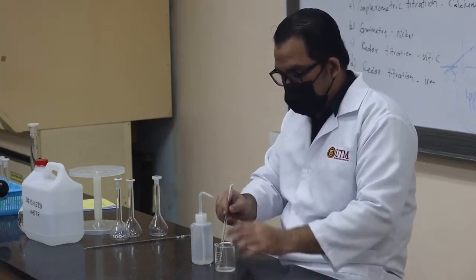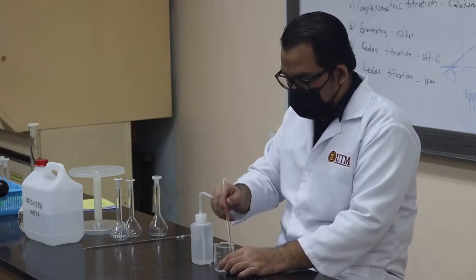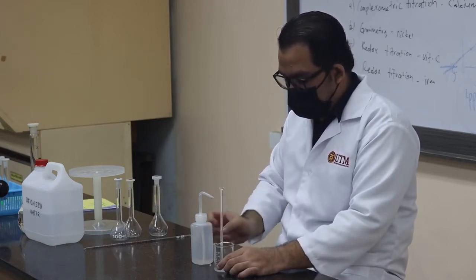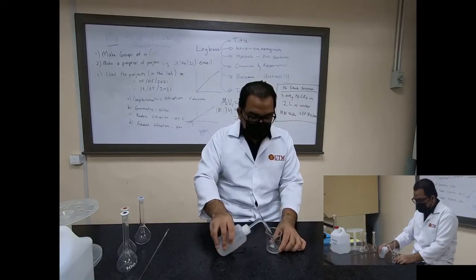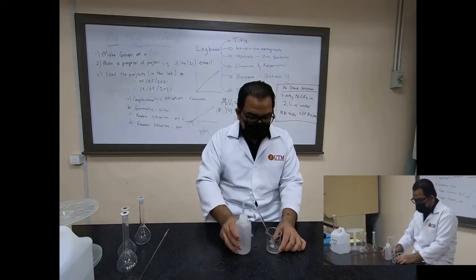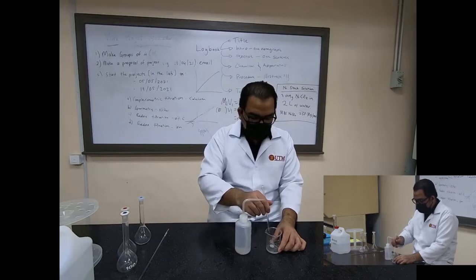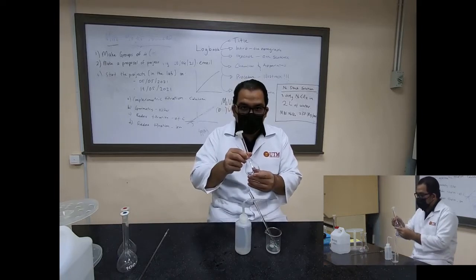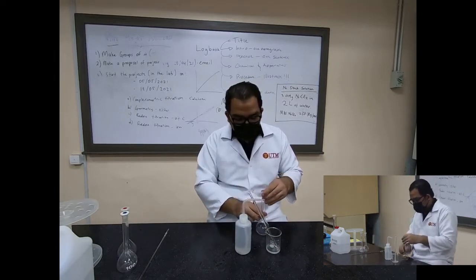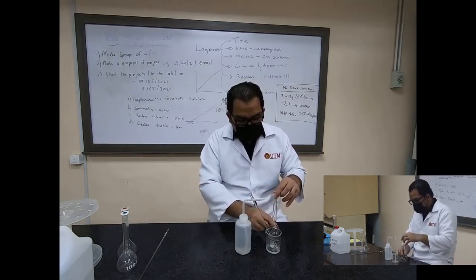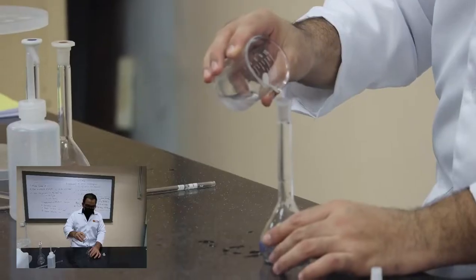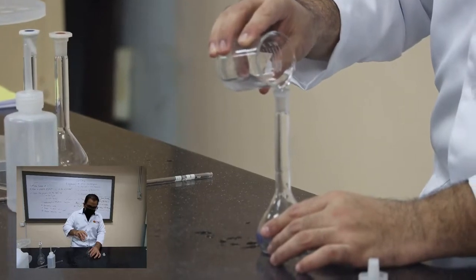And then the next step, after preparing this, is to transfer it into a 100 milliliter volumetric flask. So now let us prepare this first. Okay, we stir. Then get our volumetric flask. Then we can start transferring the solution into the 100 milliliter volumetric flask.